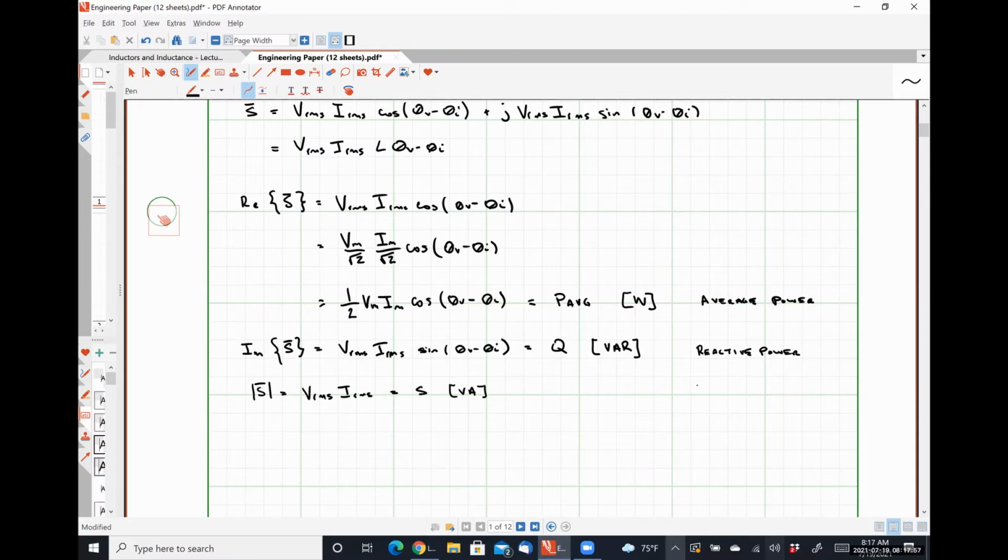And then we have apparent power, symbolized by S and measured in volt amperes.